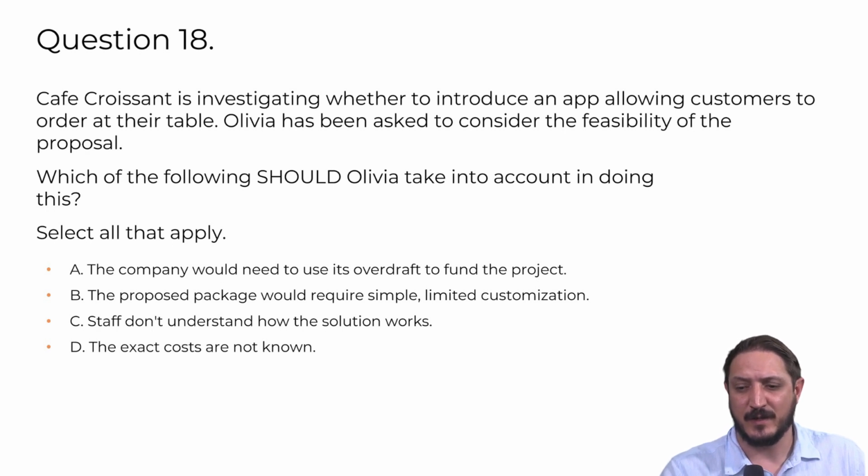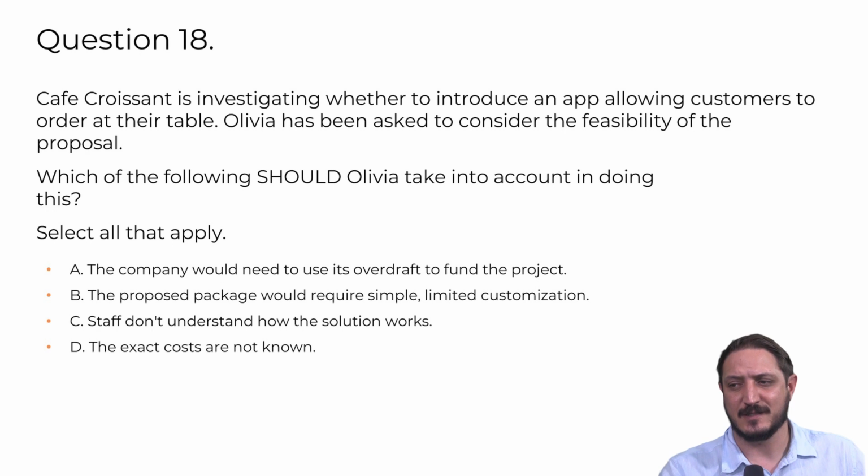So then we can identify that A and B are part of a feasibility assessment, part of this context where Olivia has been asked to consider these feasibility options. And this is what she's now taking into account. Once again, in B, we can also see that element of impact creeping in. Now, if we look at C, it says that staff don't understand how the solution works.